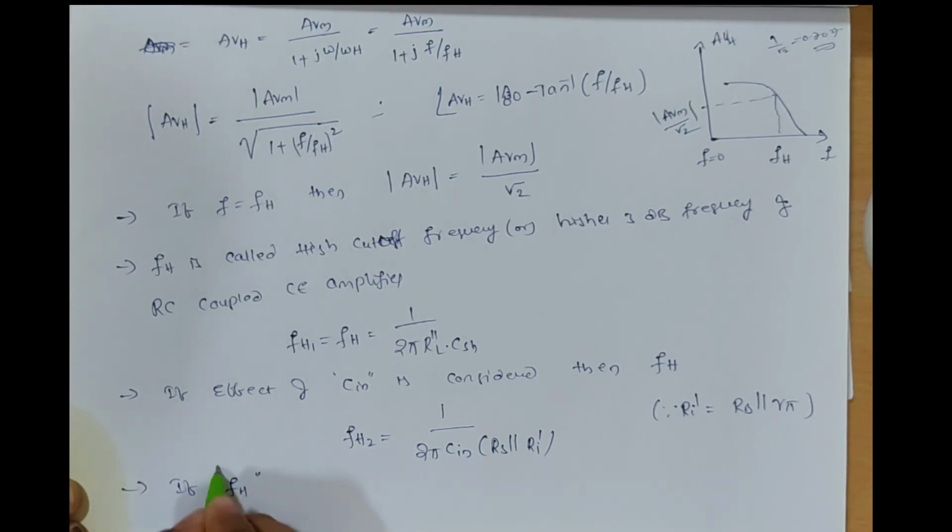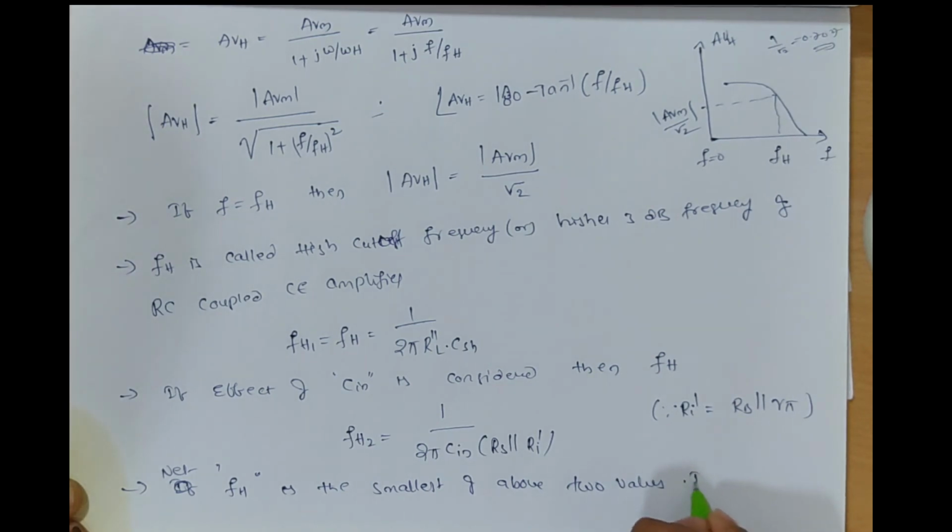Here the net FH is the smallest of the above two values or two frequencies.